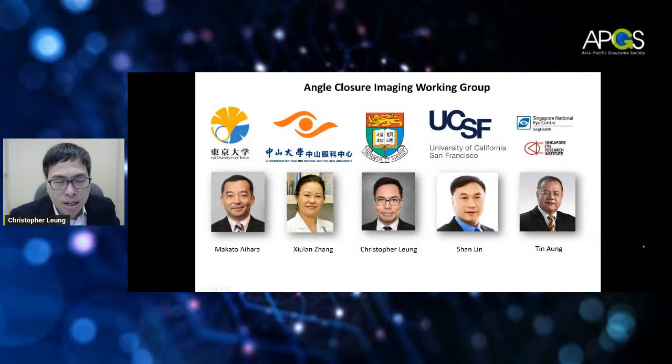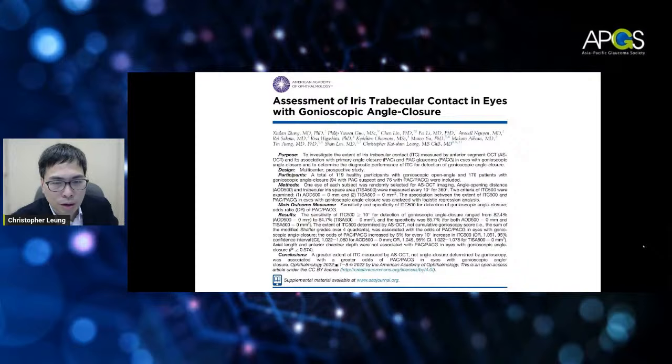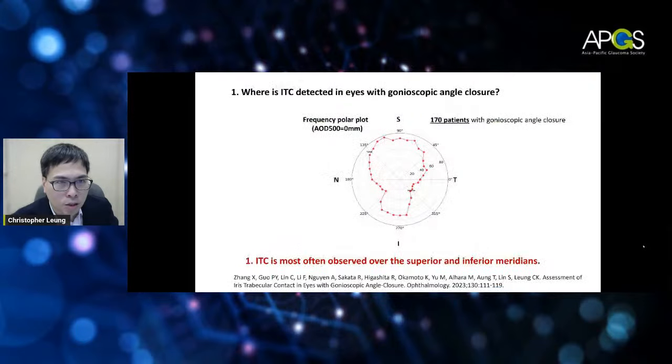We performed a study with a group including Makoto Araie from Japan, Xiulan Zhang from China, Zhongshan, Shan Lin from UCSF, and Tin Aung from Singapore. We are asking 4 questions. We are evaluating how useful this technology, ASOCT, is for evaluation of ITC in detection of gonioscopic angle closure.